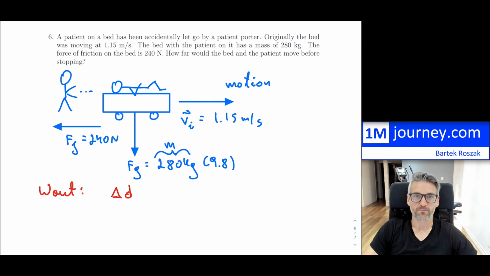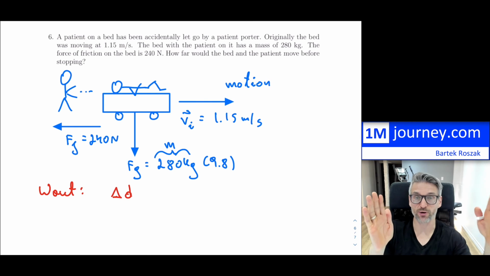Now, because there's force of friction, the bed is eventually going to stop. So you can start thinking about that displacement, the distance covered. You're going to have to go back to kinematics. There's going to be an acceleration, in fact, a deceleration, because it goes from 1.15 meters per second to 0.